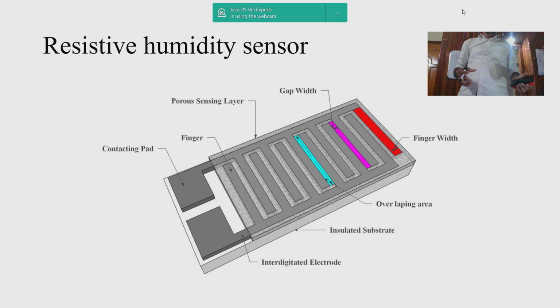There are other humidity sensors like the optical humidity sensor, gravimetric humidity sensor, then the acoustic wave humidity sensor, that is the surface acoustic wave humidity sensor, and we have a radio frequency resonated humidity sensor, where sensors will monitor the moisture content in the surrounding air.